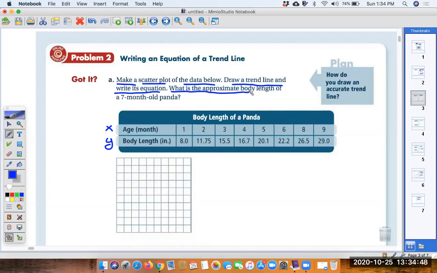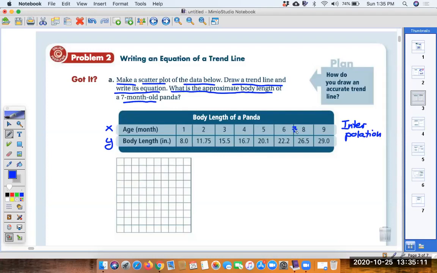What is the approximate body length of a 7-month-old panda? Well, you notice they're missing the 7 here. They went 1, 2, 3, 4, 5, 6. That's called interpolation because it's between, I'm just throwing that out there. Interpolation, I think that was the word, because it's between those data points.